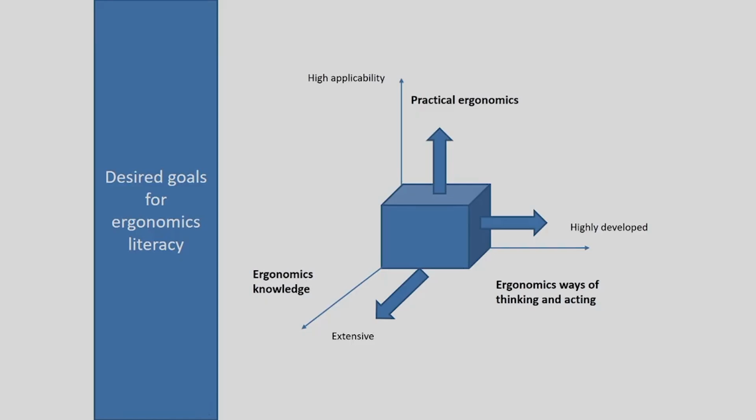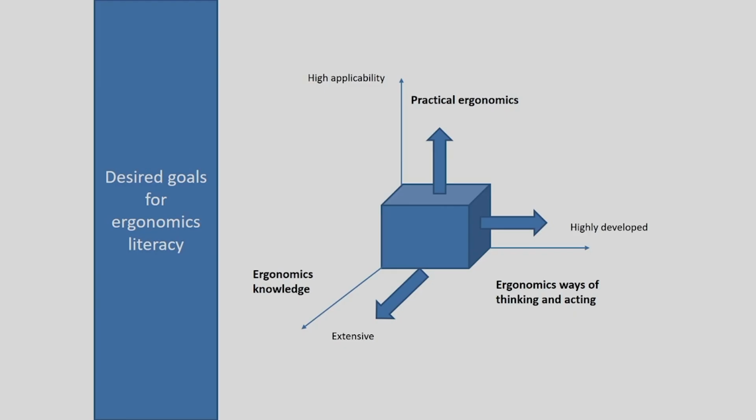So, when we talk about ergonomics, we are going to achieve something, right? We are going to deliver something. If we take this in 3 directions, x, y, z direction, you can see majorly we see practical ergonomics, which is applied, applicable, then ergonomics knowledge or database, or some basic fundamental work, and the ergonomics way of thinking and acting.